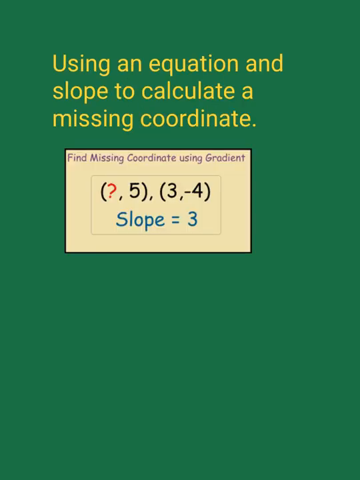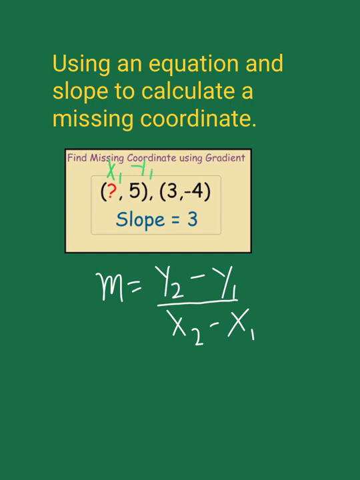So here's another example of how to calculate slope, but this time we're going to calculate a missing coordinate. So the first thing I'm going to do is write down my formula for slope. m equals y2 minus y1 over x2 minus x1. Oh, I might want to label my ordered pairs up here with x1, y1, x2, y2, and this is my slope, m.